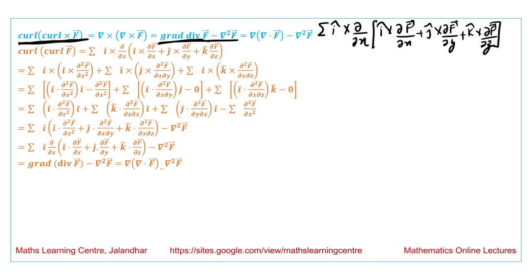Now, if we take the vector product, the vector triple product, we write the answer in this form.